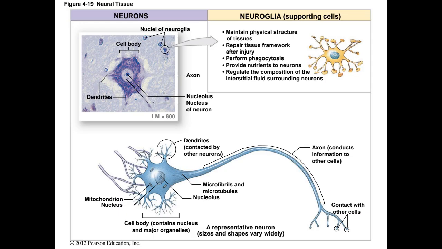We call that the cell body. And the cell body is going to have several structures within it. So it will have the nucleus, which controls all the activities of the cell.